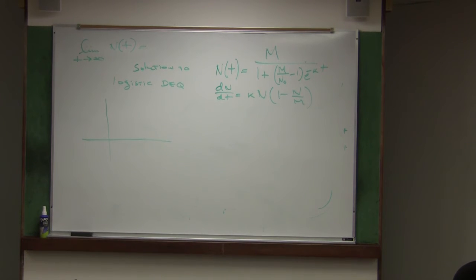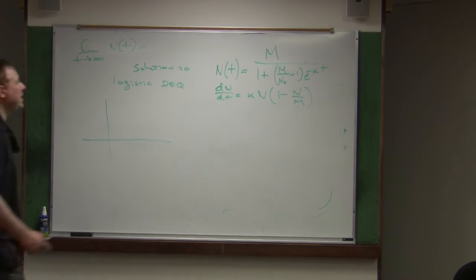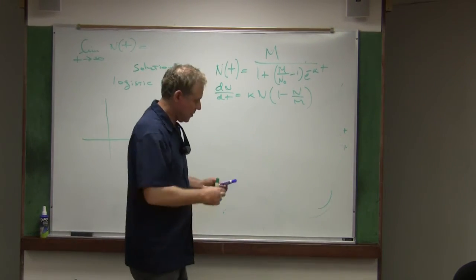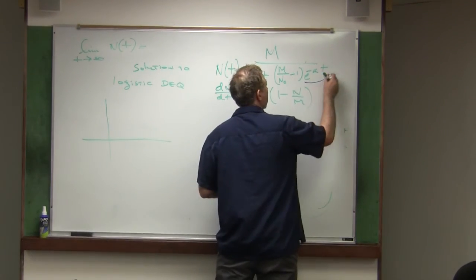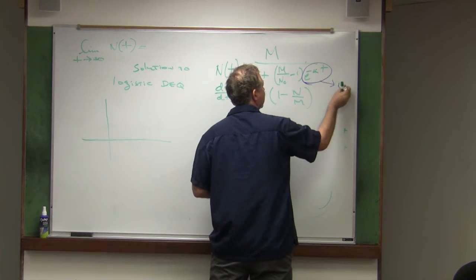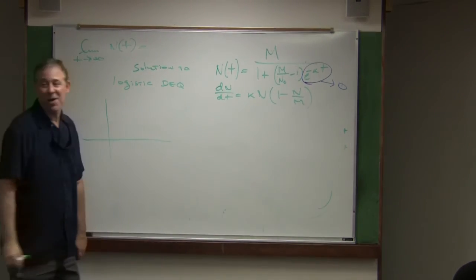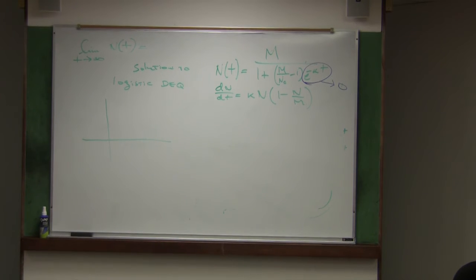It goes to 0, right? So when t gets big, this is going to go to 0, which wipes this all out, and you're just going to have M over 1. So it goes to M. And that makes sense. That's why there's a horizontal asymptote at M.